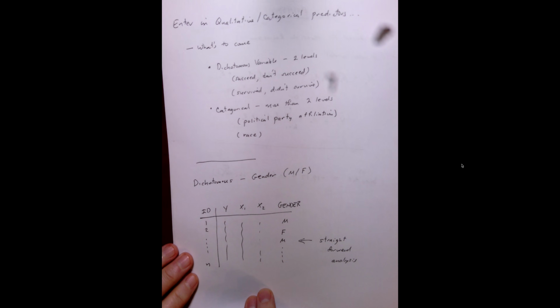So enter qualitative and categorical predictors, and I think the great thing about multiple regression is we now aren't restricted to just a quantitative predictor. Now, you may argue that even in a simple linear regression case you could predict maybe body fat from gender, if you so want. I don't think that would be appropriate.